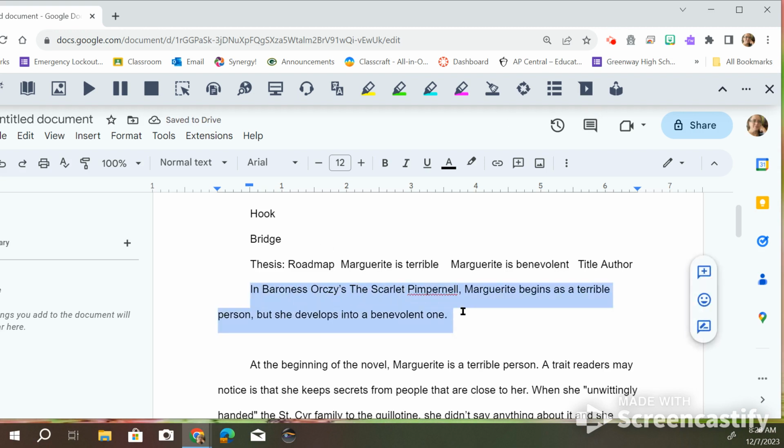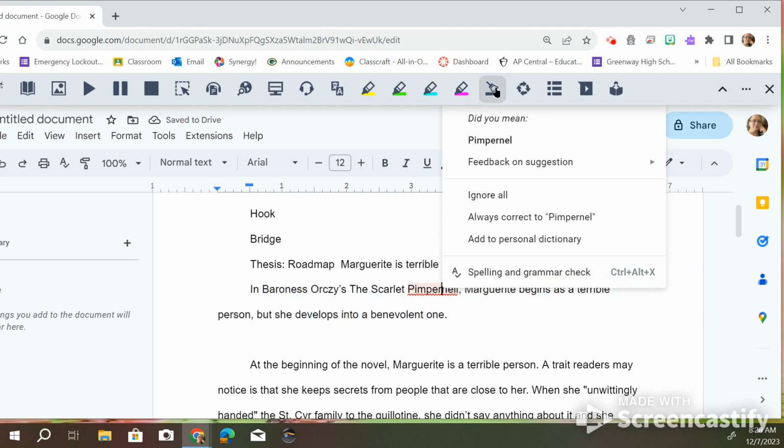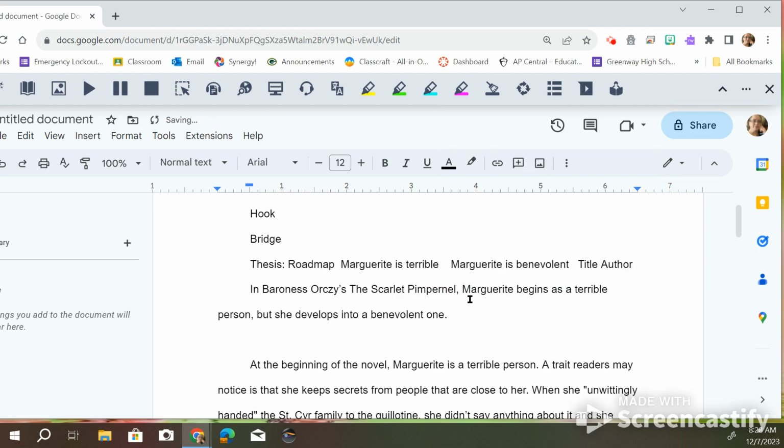Okay. What do I have to do with titles? Quote, underline, italics. Italics. You only underline it if you are writing by hand and you don't have the ability to italicize. That's when you use underlining. So, my quotes go around anything that is short.